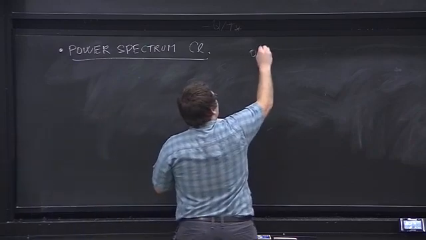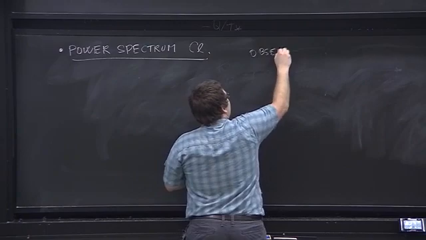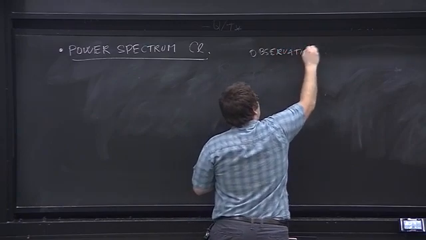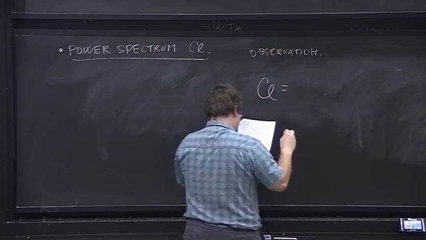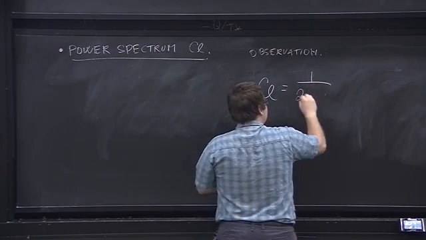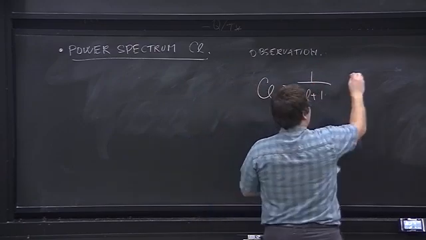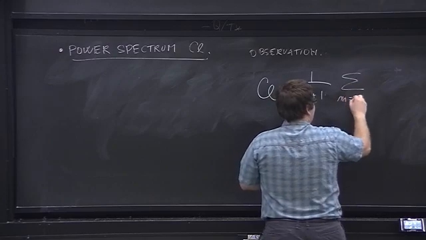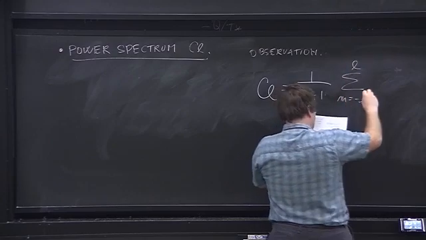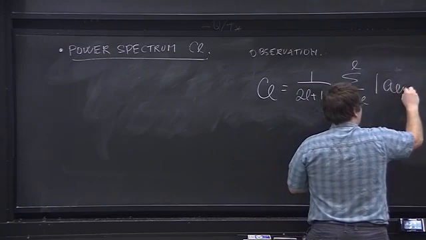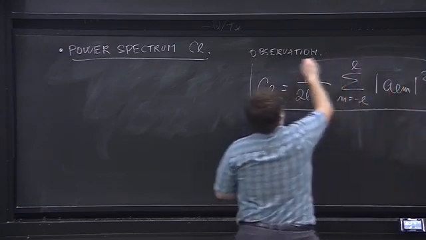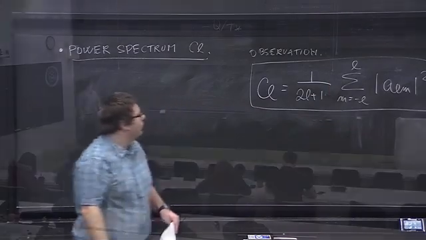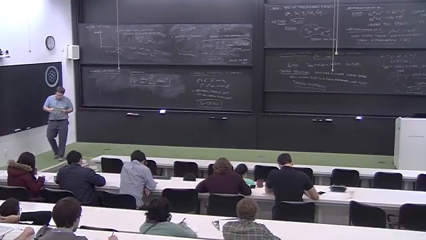So observation: what people like to plot is CL, the power spectrum, and it's defined by 2L plus 1 sum over M of the sum over ALM squared. So that's what is called a power spectrum, CL.